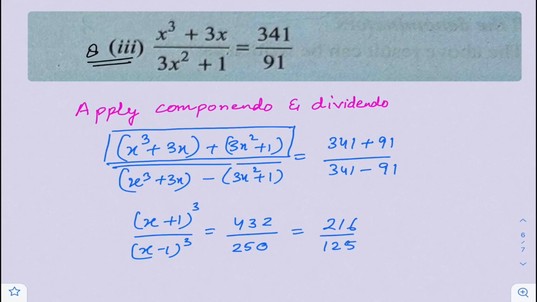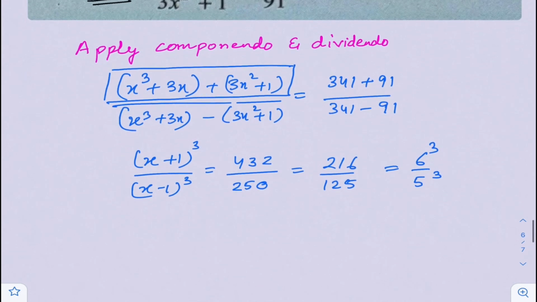You know 216 is 6 whole cube and 125 is 5 whole cube, so you have cube on both sides, so you can cancel them. So ultimately you have (x plus 1) upon (x minus 1) equals 6 over 5.